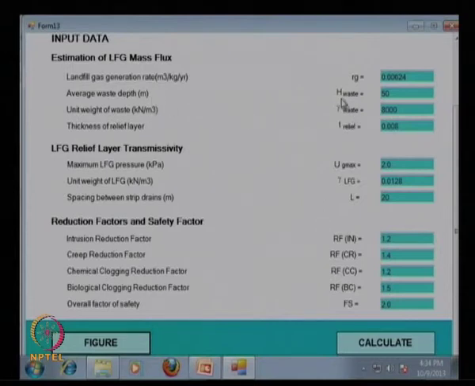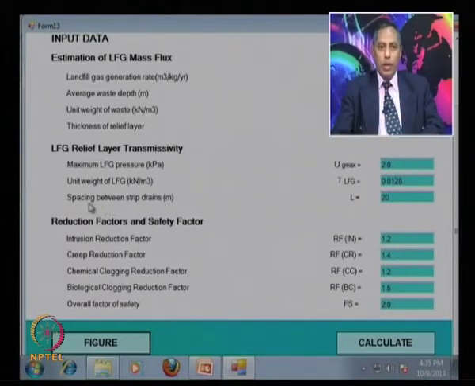Average waste, that is H waste, is equal to 50 meter, unit weight of the waste gamma waste is equal to 8000, that is kilonewton per meter cube, thickness of the relief layer T relief 0.008, and the LFG relief layer transmittivity value, that is the maximum LFG pressure U is 2 kilopascal, unit weight of LFG, that is gamma LFG is 0.012 kilonewton per meter cube, spacing between the steep drain, that is L is equal to 20 meter.